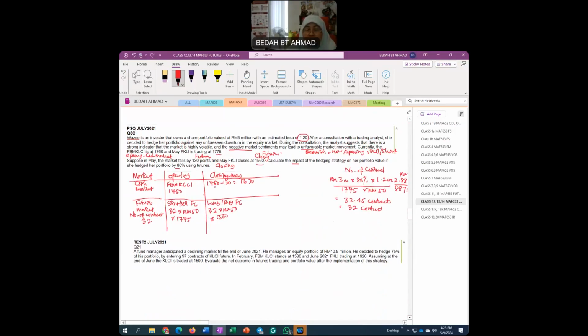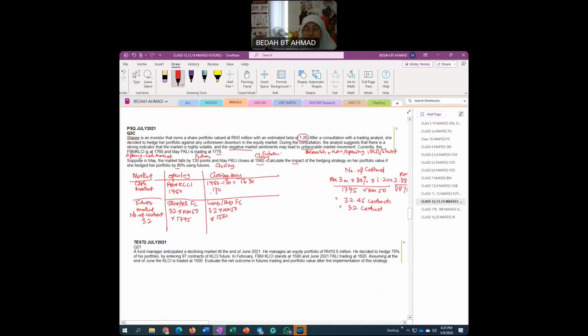So we just take the difference of 130. Alternatively, you can also calculate it like before. No problem, you can calculate by the difference.